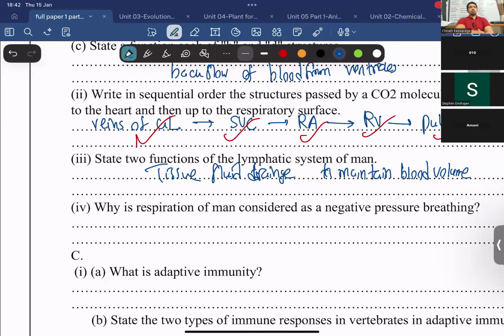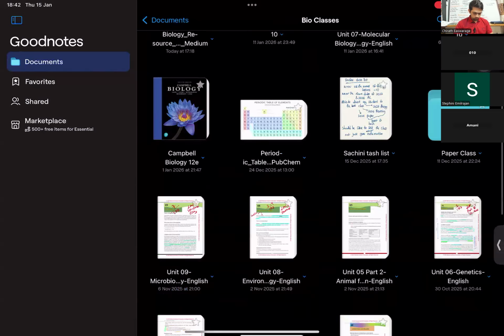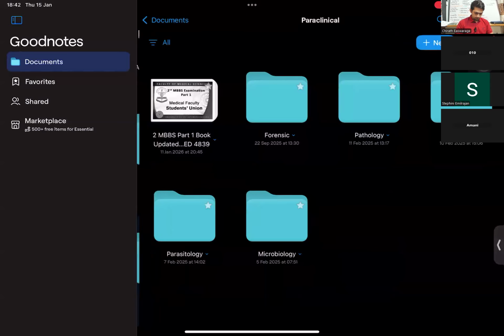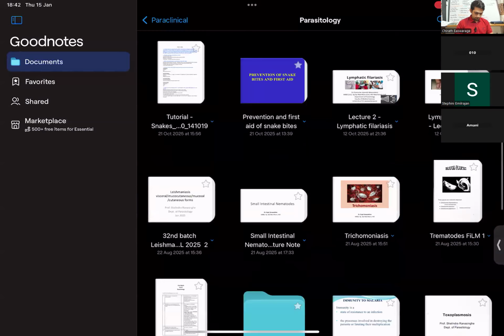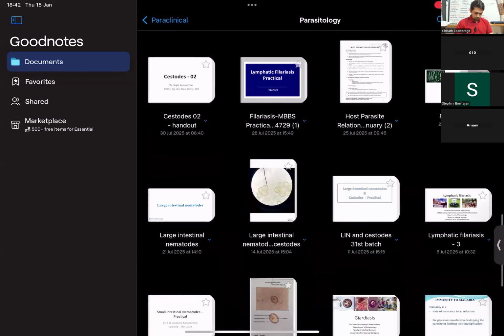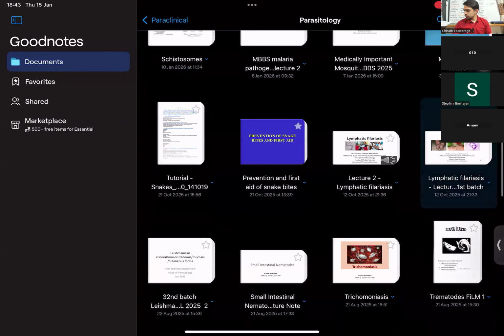If your lymphatic vessels are blocked, you are going to get what we call lymphedema because of too much lymph fluid accumulating in your tissues. What is the disease caused by lymphedema? Yes, it's in your syllabus.